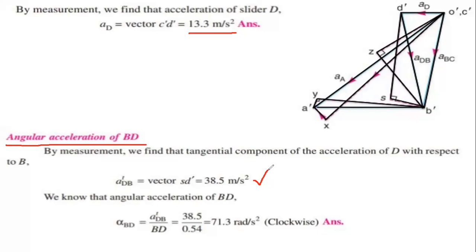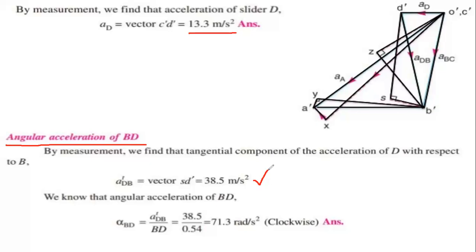And next, we need to find the angular acceleration, that is alpha of BD, which is the tangential component of the acceleration of DB divided by BD. That is 38.5 divided by 0.54.